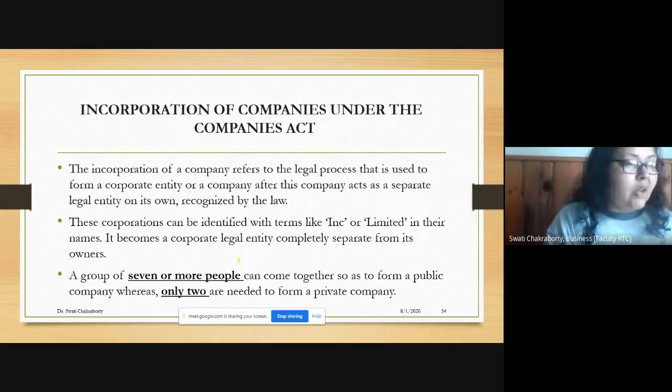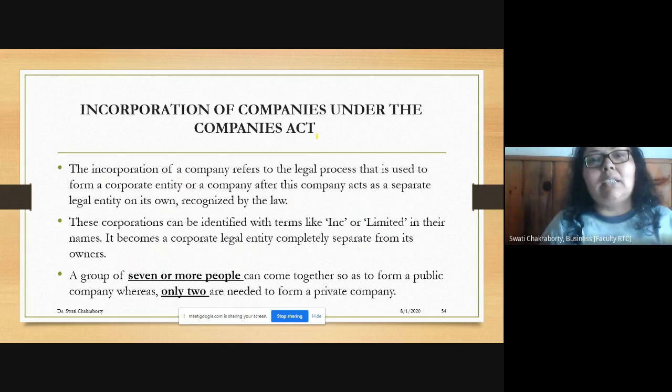So, incorporation of companies. Let's talk about the incorporation of companies under the Companies Act. What is incorporation?